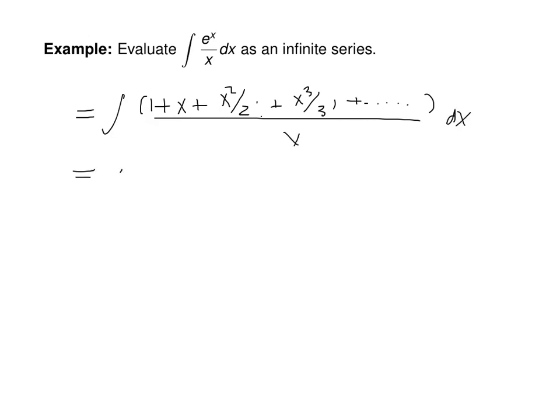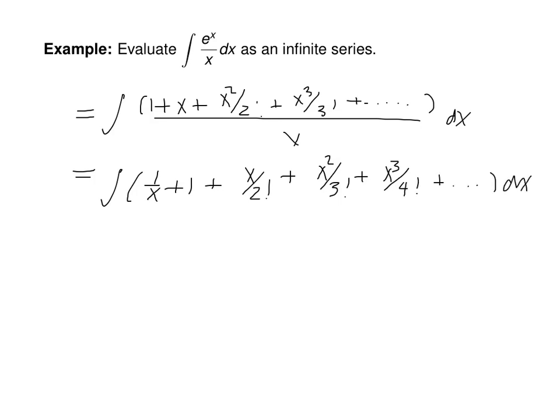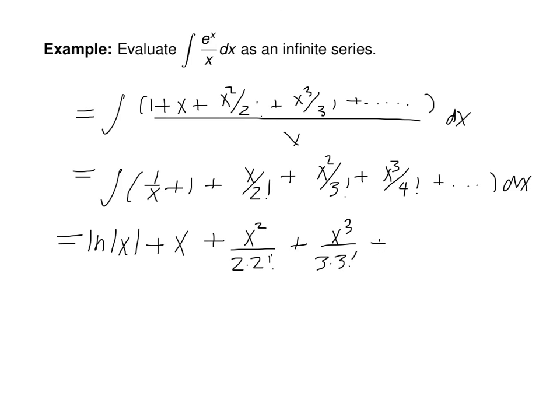Dividing every term by x gives us 1 over x plus 1 plus x over 2 factorial plus x squared over 3 factorial plus x to the third over 4 factorial, etc. And if we integrate term by term, the integral of 1 over x is ln of the absolute value of x, plus x, plus x squared over 2 times 2 factorial plus x to the third over 3 times 3 factorial plus x to the fourth over 4 times 4 factorial, etc.